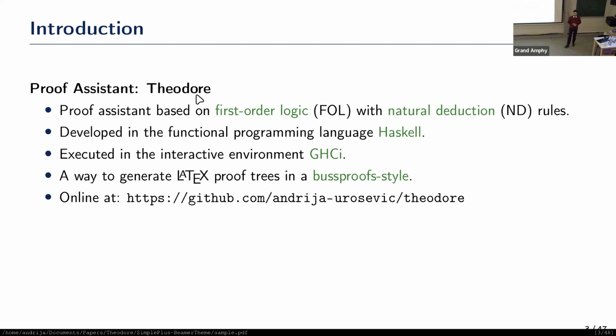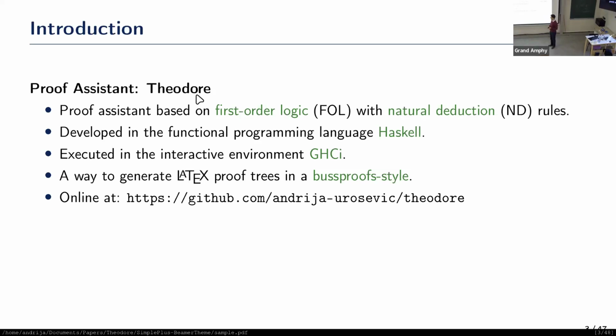environment, HCI. And you build a proof little by little, and you see it at each step. And then when you build a proof, you can export it to a LaTeX tree.